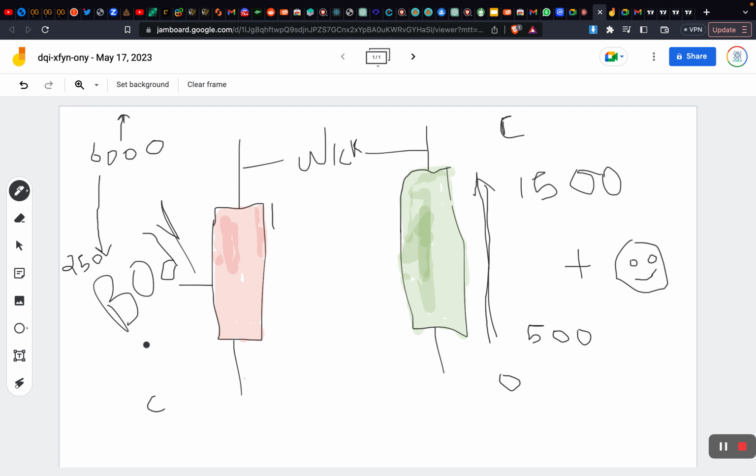That is what you now close the market with on that particular day.